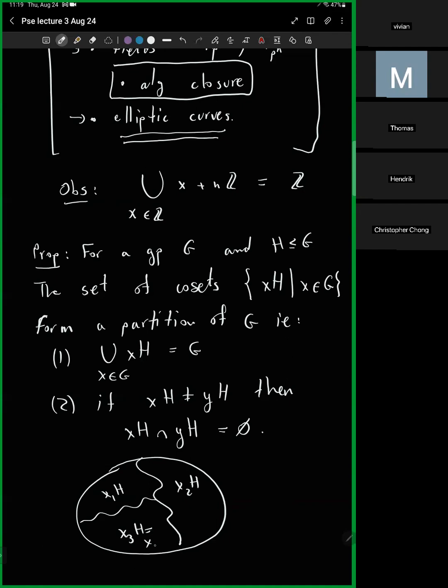That's also okay. But they don't have any intersection if they're not equal. I mean, two cosets do not have any element in their intersection unless they are equal. And the union of all cosets is the group G.